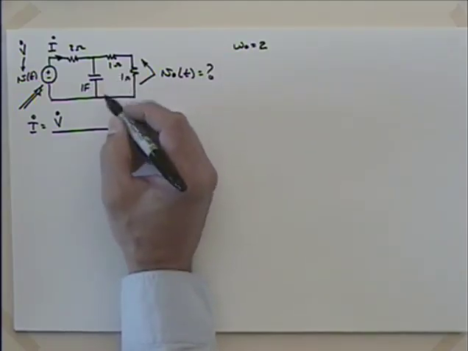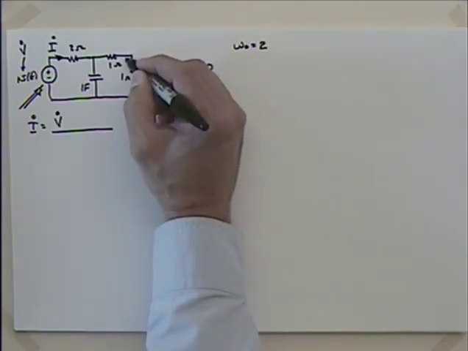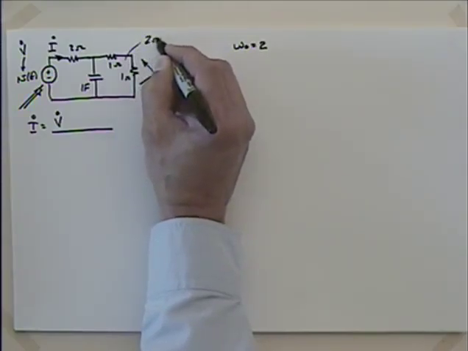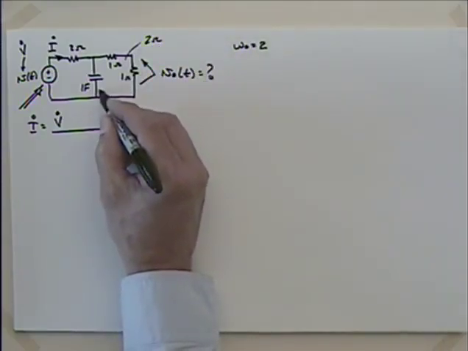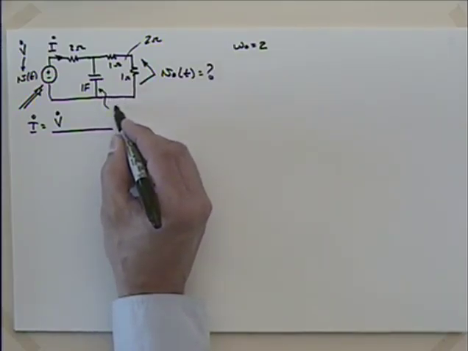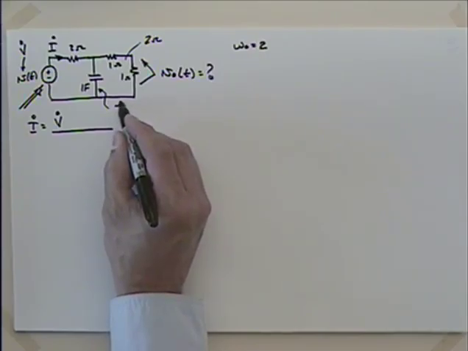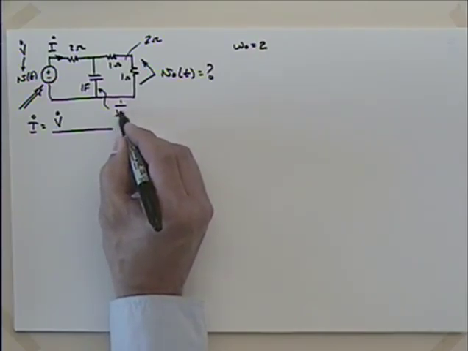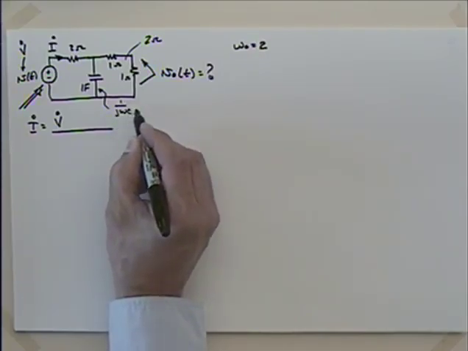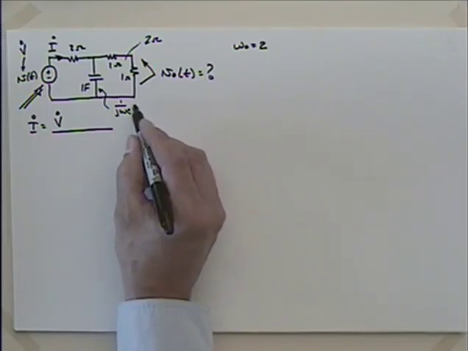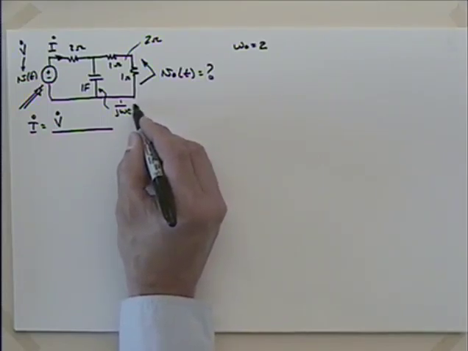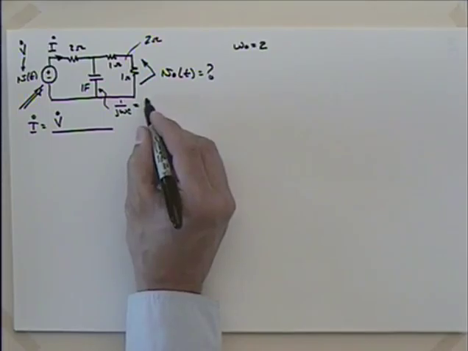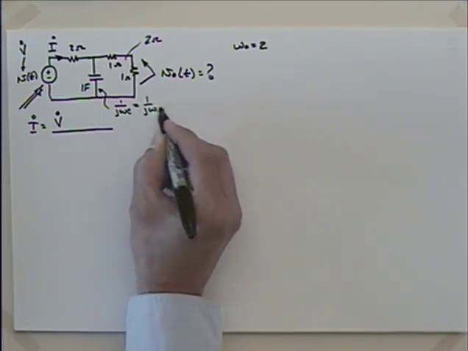So this branch turns out to be 2 ohms. And what does this branch turn out to be? Minus j, I guess maybe I'll just say it's 1 over j omega C, right? Which C is 1. So with C being equal to 1, I could just say it was 1 over j omega.